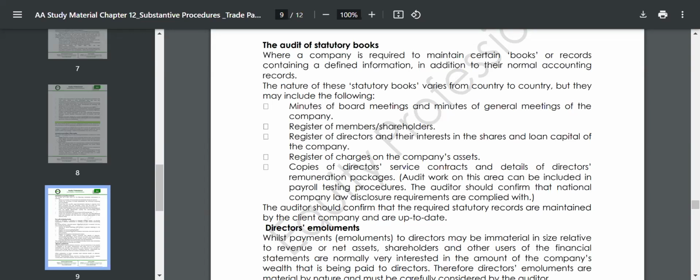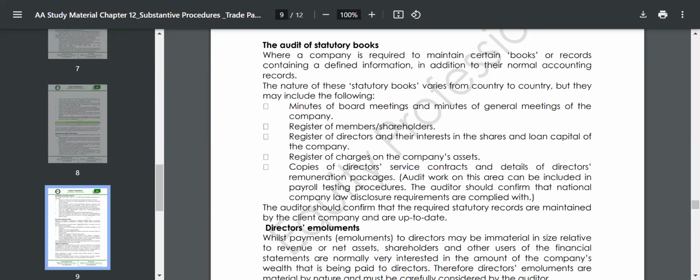Part of it is the memorandum, your articles of association, your company details, all of those books that you are required to keep as an entity. The auditor will need to audit them because this is where the auditor will see publications, minutes of meetings, board meetings, and the register of directors and their interests.